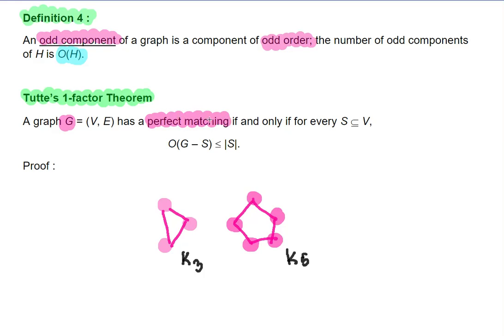G has a perfect matching if and only if for every set S which is a subset of V in G, we have the number of odd components of G minus S must be less than or equal to the order of S.